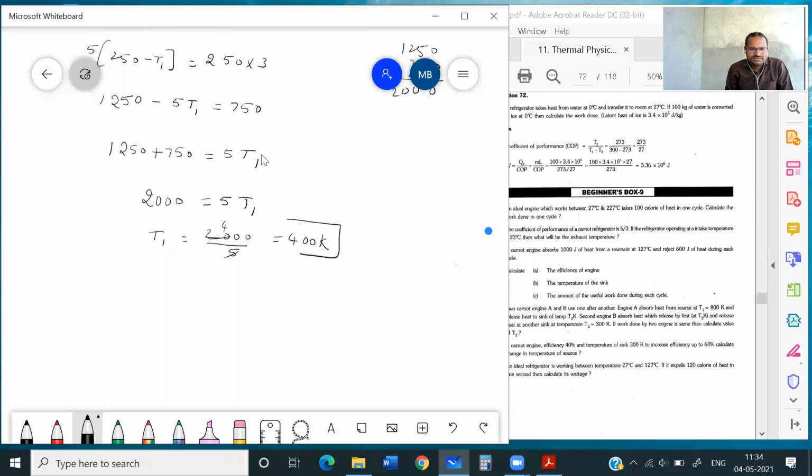T1 is equal to 400 minus 273, which is 127 degrees centigrade. Yes, the exhaust temperature is 127 degrees centigrade.